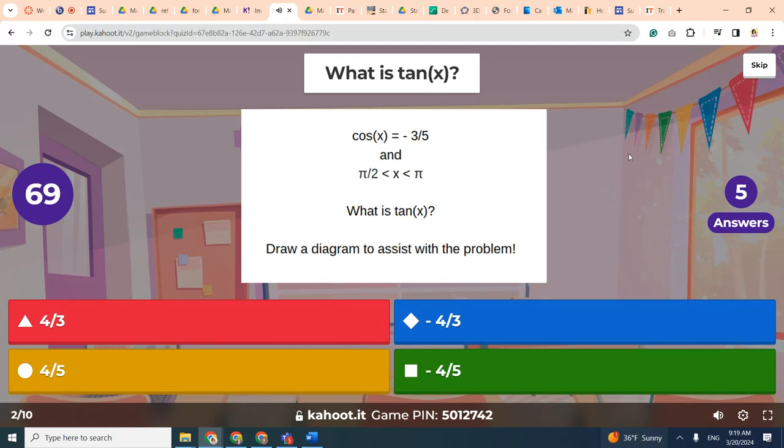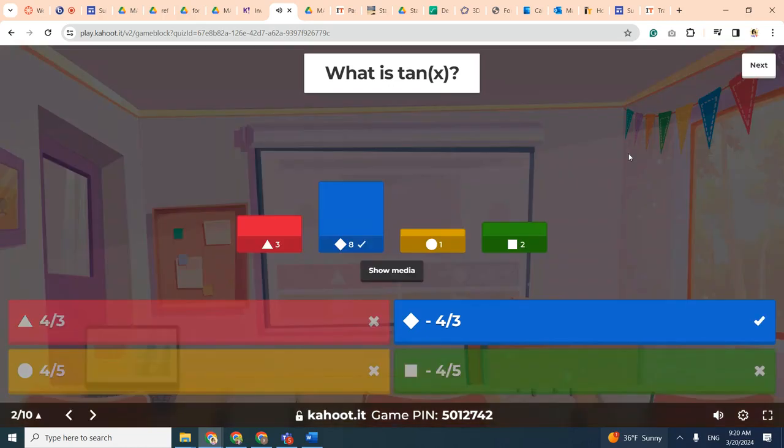Cosine is x over r. x is -3, and r is 5. Then y is going to be 4.